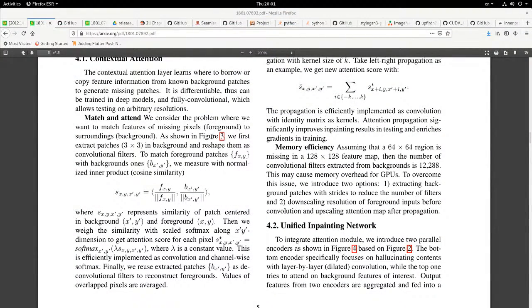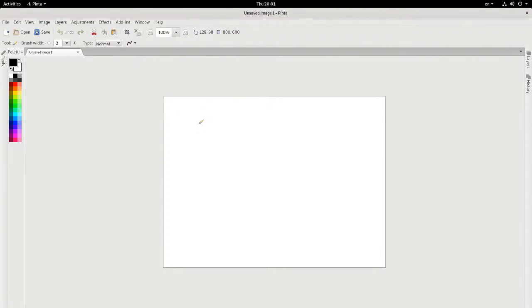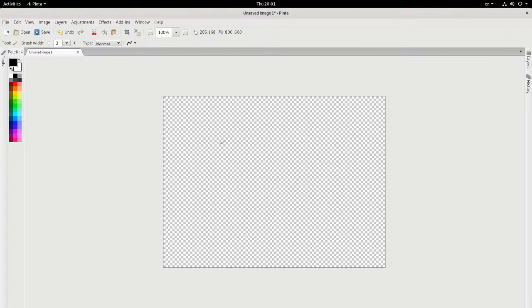Okay, so if I have something, and then I have a square, right?